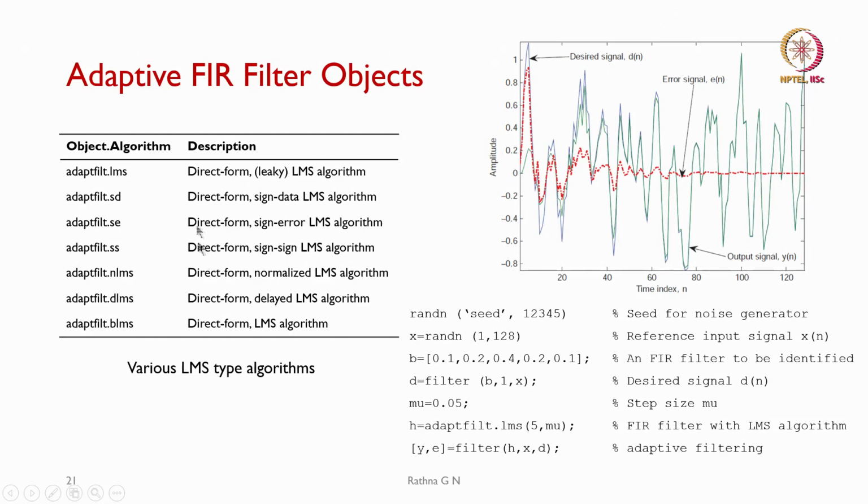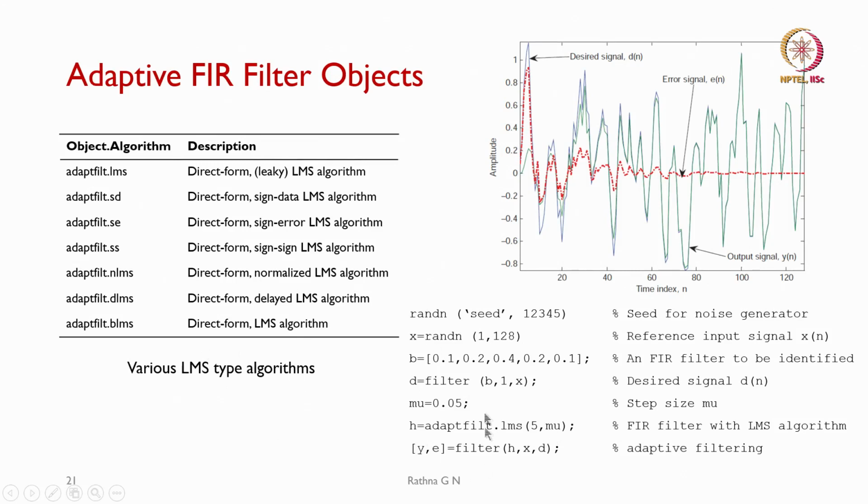One has to keep in mind that adaptfilt.lms has been removed in the latest version of MATLAB, that is 2020b. So, you have to use dsp.LMSFilter and properly modify the code, and then use it in your assignments or your work when you want to implement these filters.